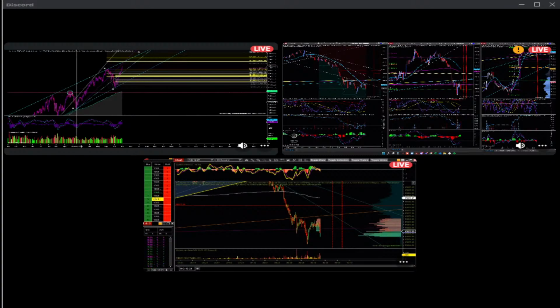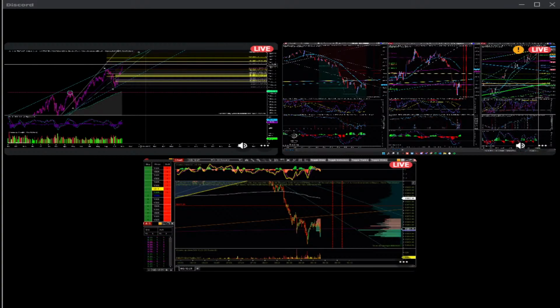Something to keep in mind on the daily, real quick. Since we made a new all-time high, we've created the beginnings of an ABCD pattern upwards, and about 200 points up is the 127.